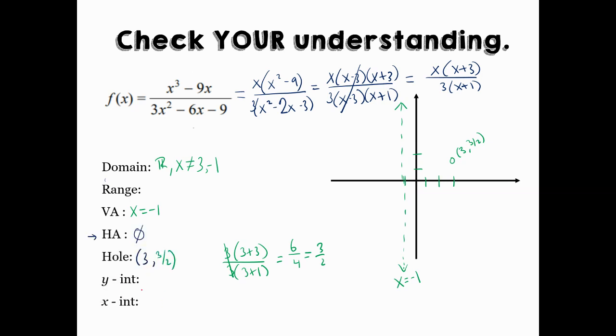My x-intercepts are going to be where this function equals 0. So I'm going to focus in on the numerator. So I'll do it right here in factored form. So it'd be at x equals 0 and -3. So at 0, 0 and -3, 0.